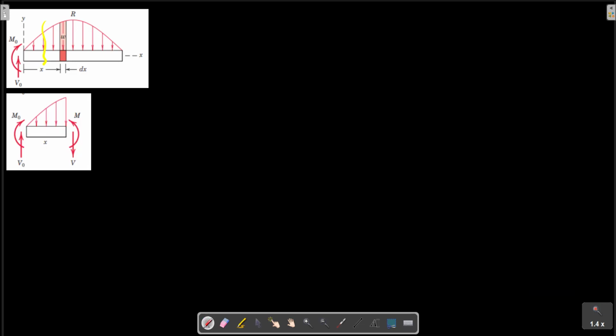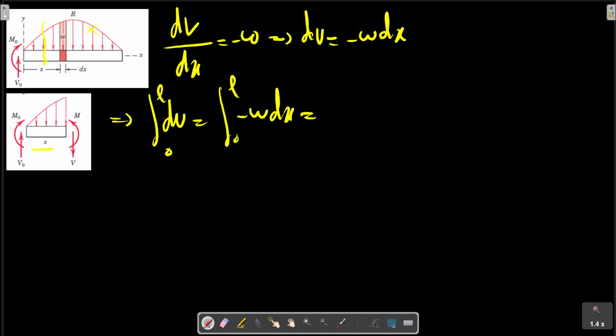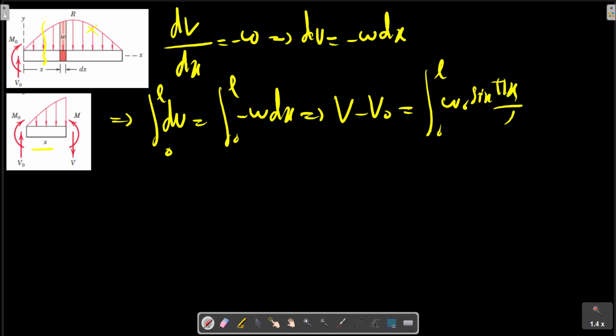We know that for a distributed force and the section chosen here, we have this relation: dV on dx equals minus omega. Integrating dV from 0 to L, V minus V0 equals minus the integral of omega 0 sin(pi x on L) dx.